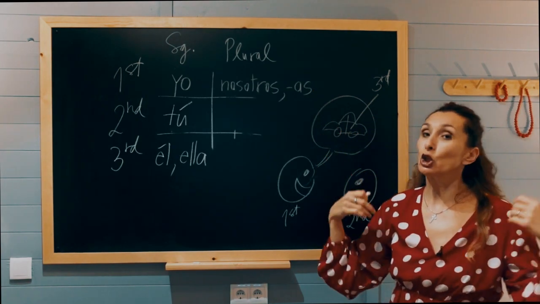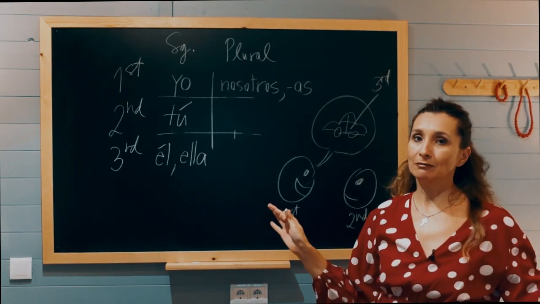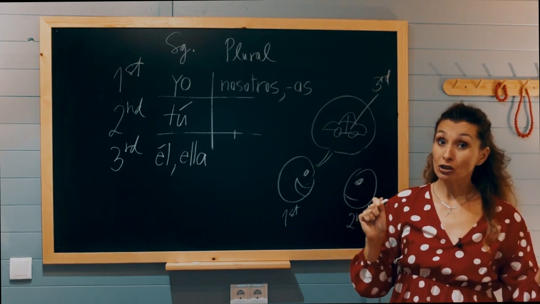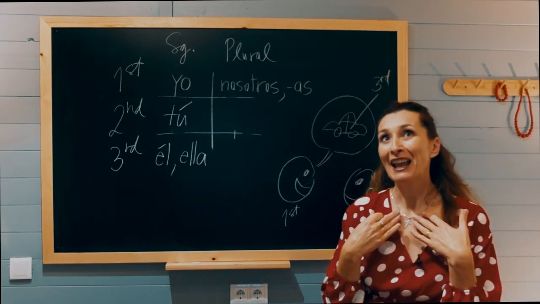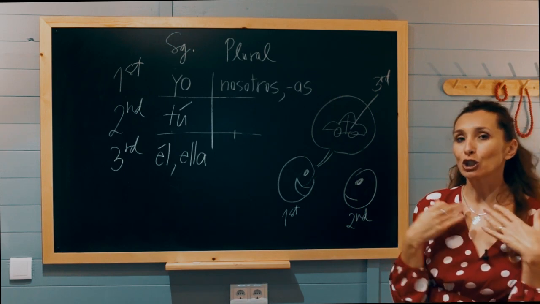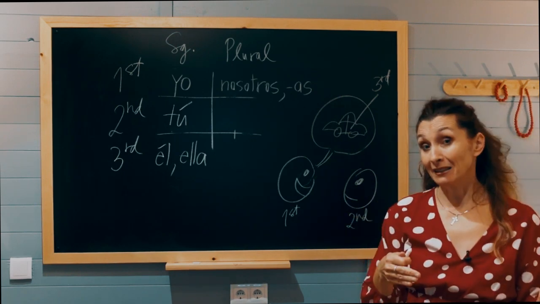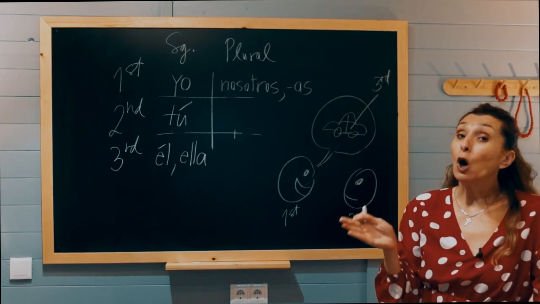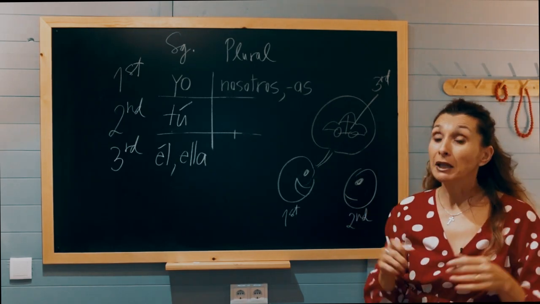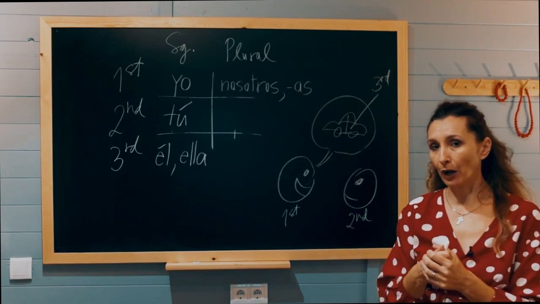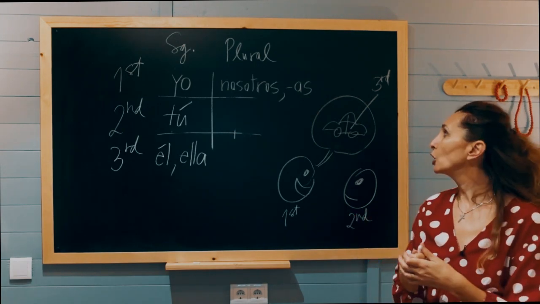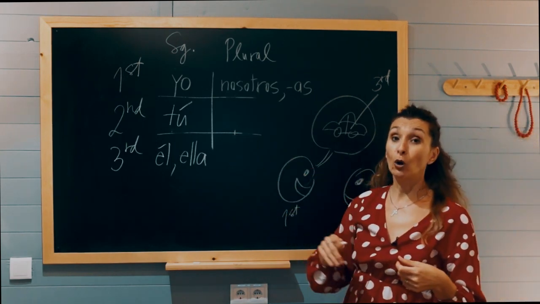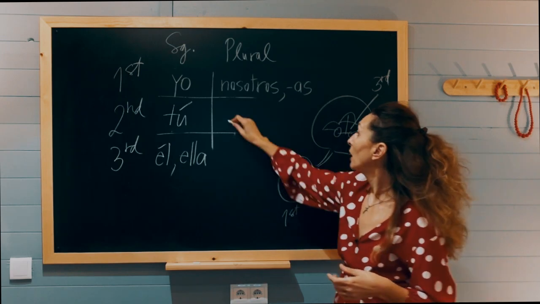Okay, so if I say nosotras, you know, it's just women. Okay, if I say nosotros, obviously, if a woman says nosotros, it's a mixed group. But if a man says nosotros, it may be only men, but it might be a mixed group, okay, where there's also women. Nosotros, we. Same here for the plural you.